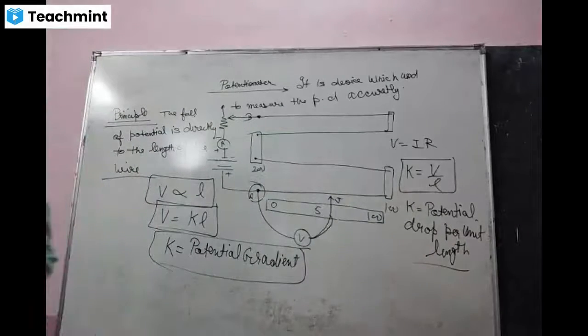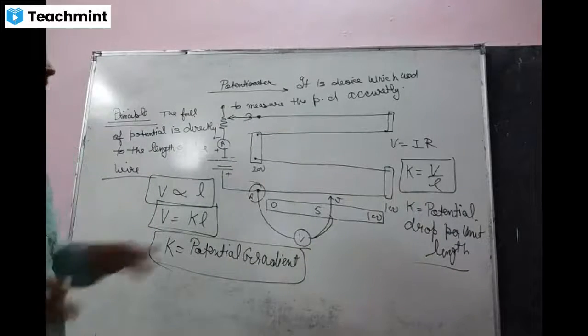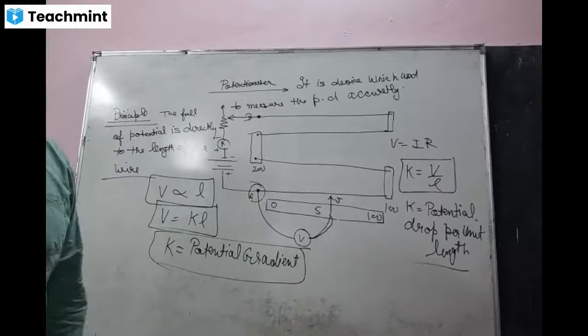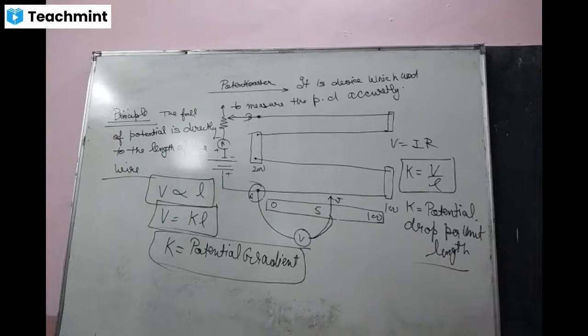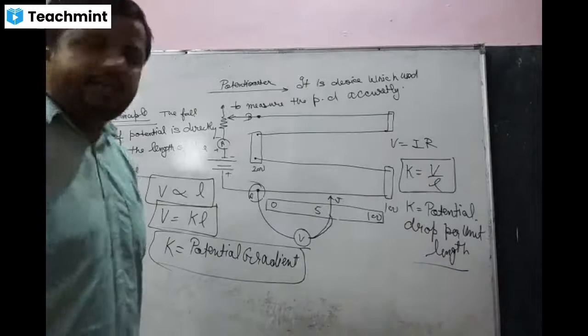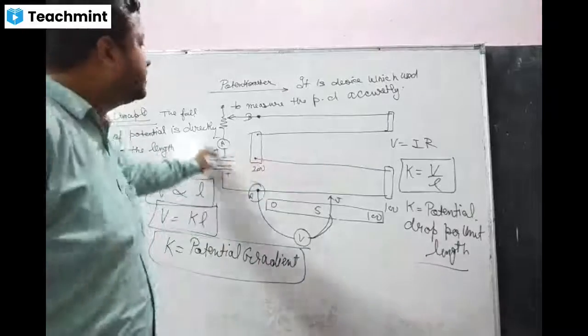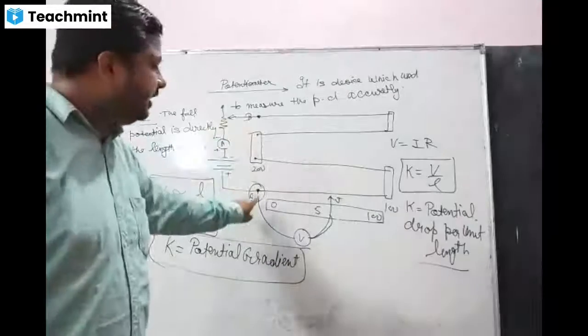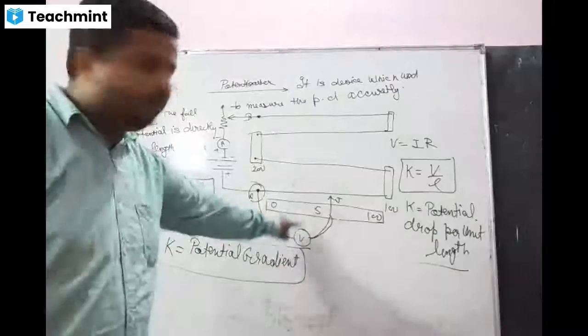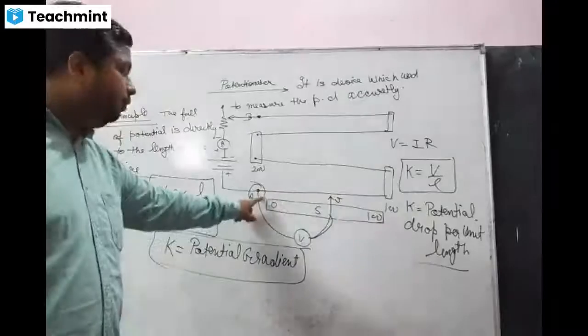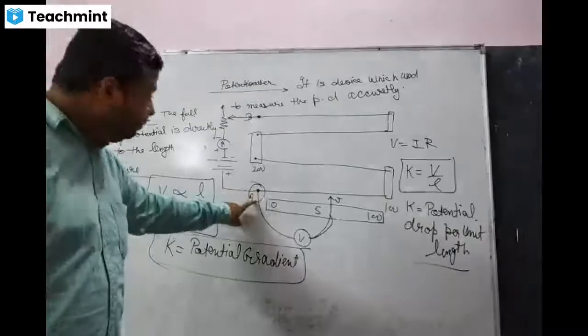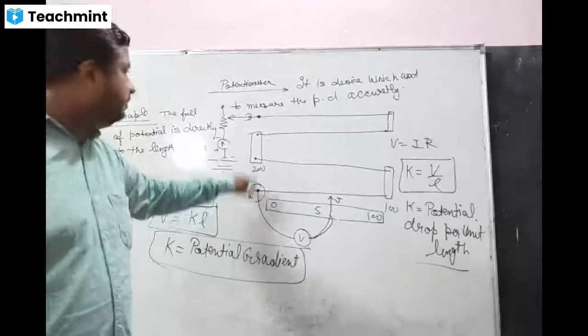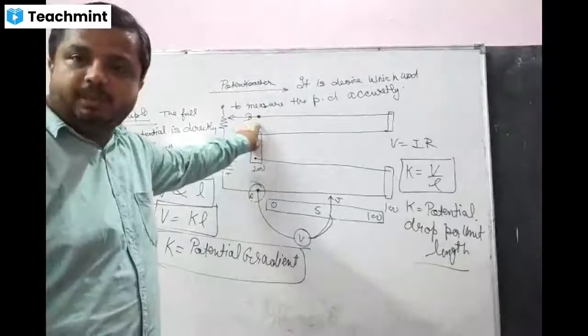Now, this is the potentiometer. It is a device which is used to measure the potential difference accurately. It has a 400 centimeter wire. Firstly, we connect the voltmeter. At point A, the potential is maximum. At point B, the potential is minimum.